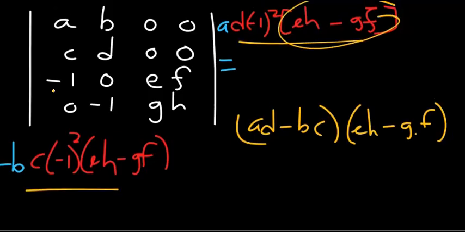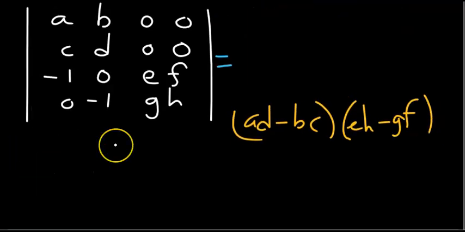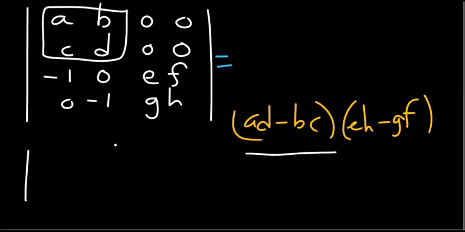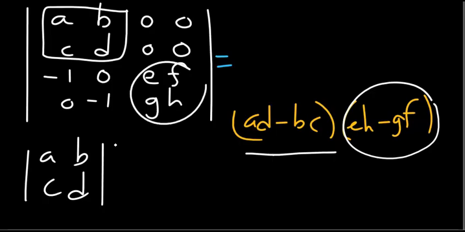Note, they are the same terms. What that means is the first term is quite simply an expansion of an order 2 determinant, namely A, B, C, D. And the second term is an expansion of the other order 2 determinant, E, F, G, H.